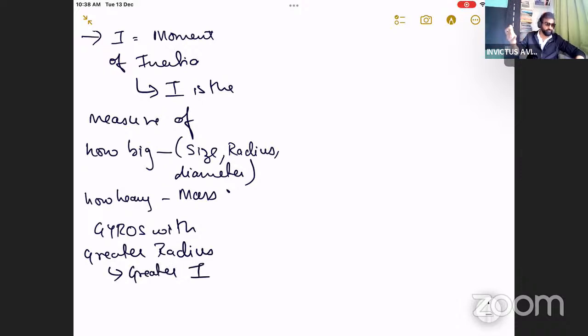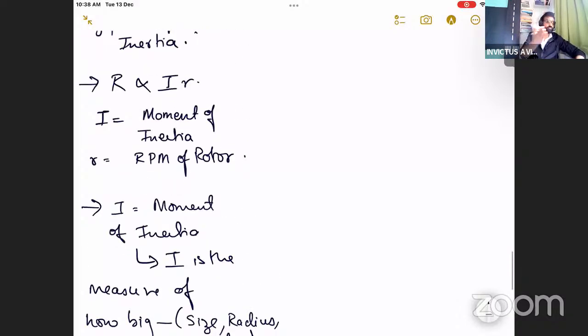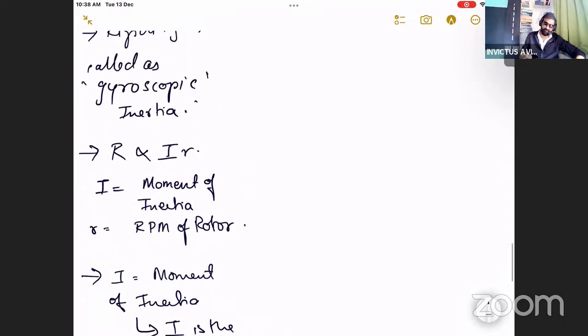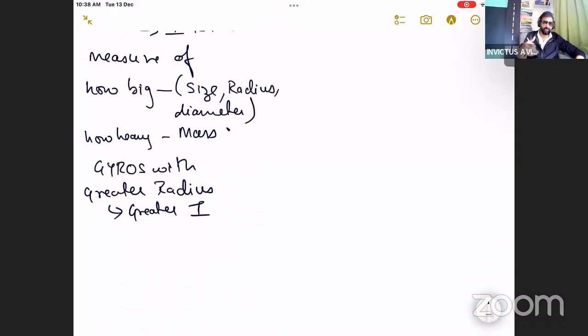And greater moment of inertia is directly proportional to rigidity, that is big R. Here, big R is equal to rigidity, okay? Don't forget. So, bigger diameter, bigger moment of inertia, greater moment of inertia is greater rigidity. I hope you're making a mental flowchart of this and don't forget it ever, okay? Study it right now, students. I'm giving you time to study.